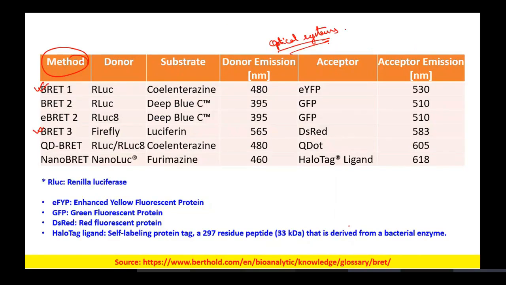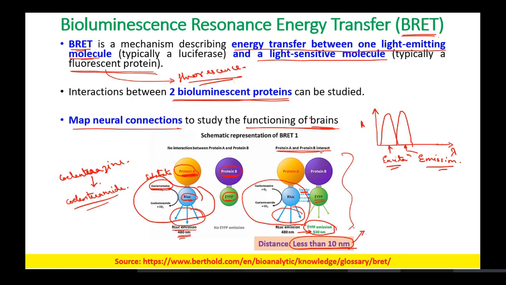Now, if I give you a short note to write down, say eBRET 2, then in the case of this Rluc, you have to replace it with Rluc8. Then for the substrate, you have to use DeepBlueC. Okay, and the acceptor protein you have to write as the GFP protein, and all other mechanisms over here would remain the same.